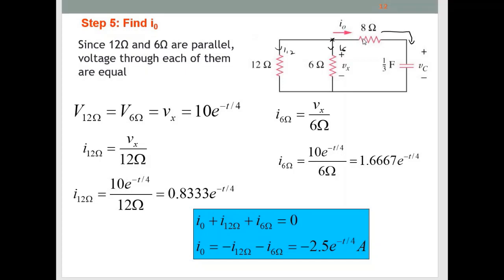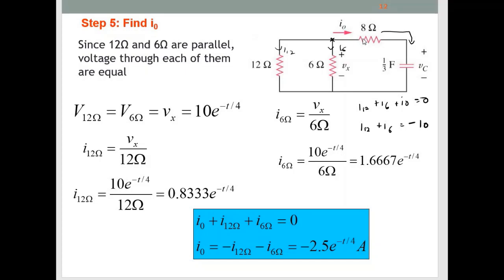So if you take this as a node, current I12 exiting the node plus current I6 exiting the node plus I0 exiting the node will be 0. So your task is to find I0. In order to find I0, you need to find I12 and I6 first, because I12 plus I6 will give negative I0.